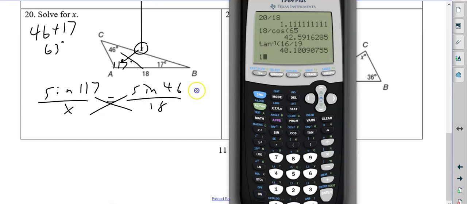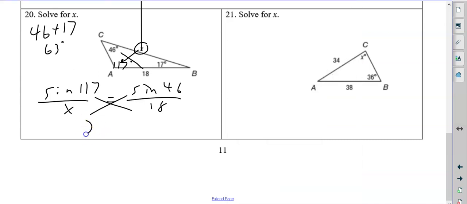So 18 times sine of 117, close those parentheses, divided by sine of 46. And we get 22.295. So the 5 rounds the 9 up, 9 rounds the 2, so we'll go with 22.3.